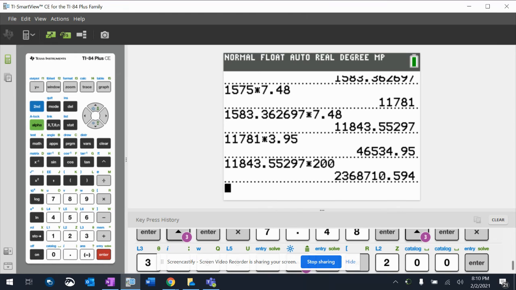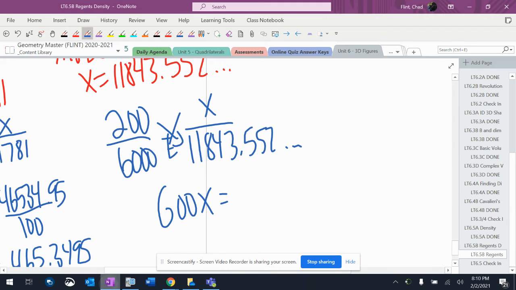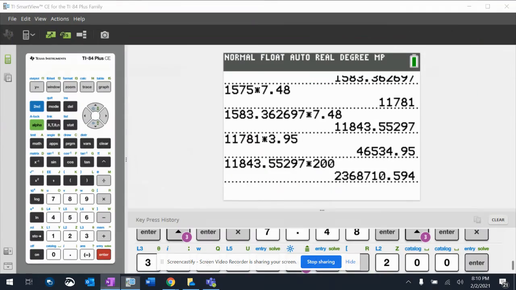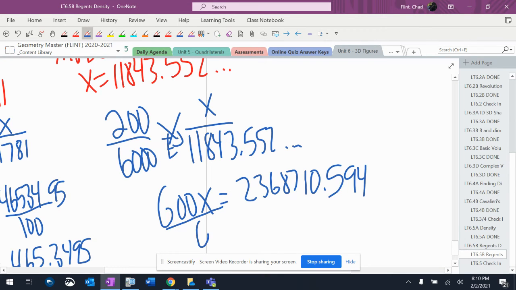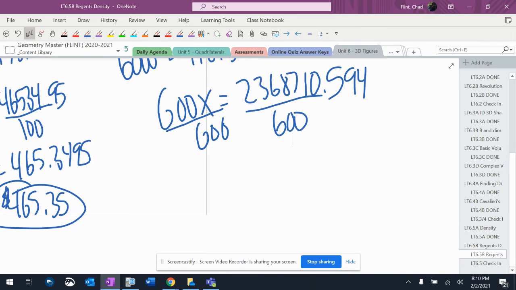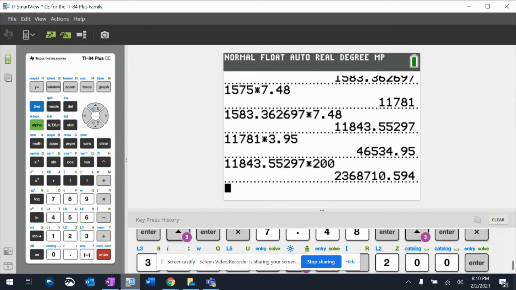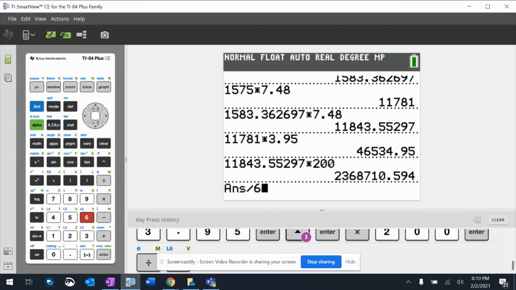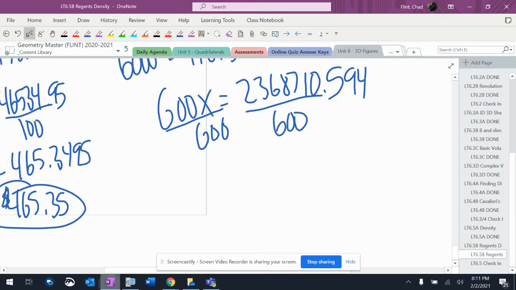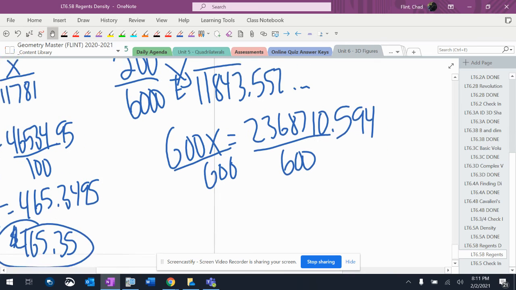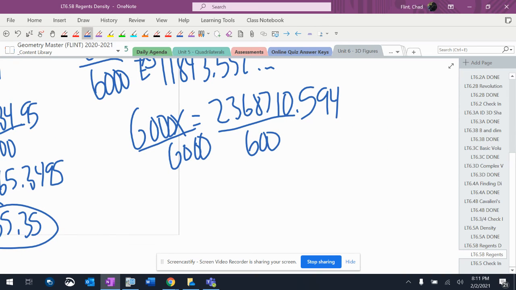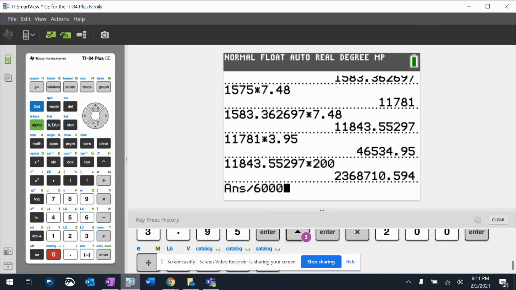And I get 2368710.594. Divide that by 600. And hopefully I get something that's relatively the same. I don't think I did anything wrong there. Divided by 6. Oh, it's 6,000. Not, hang on. It's not 600. It's 6,000. That's why. Okay, so more mistakes.